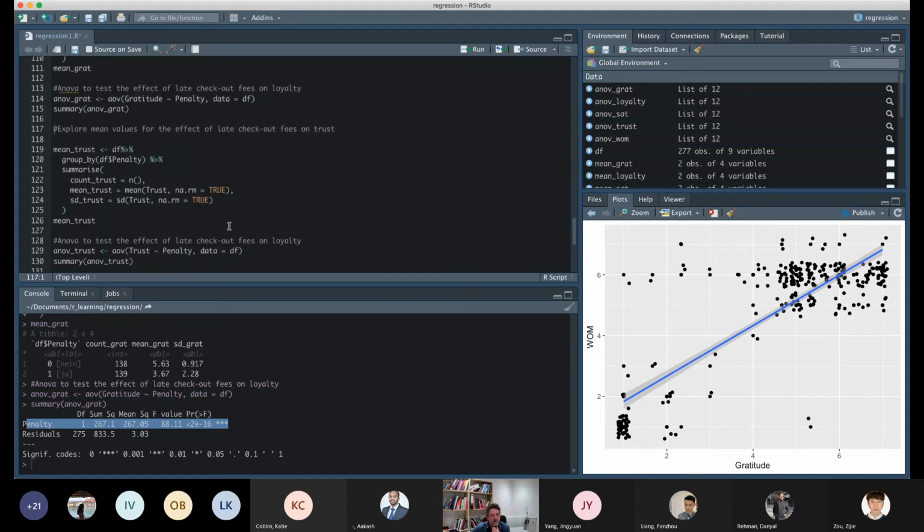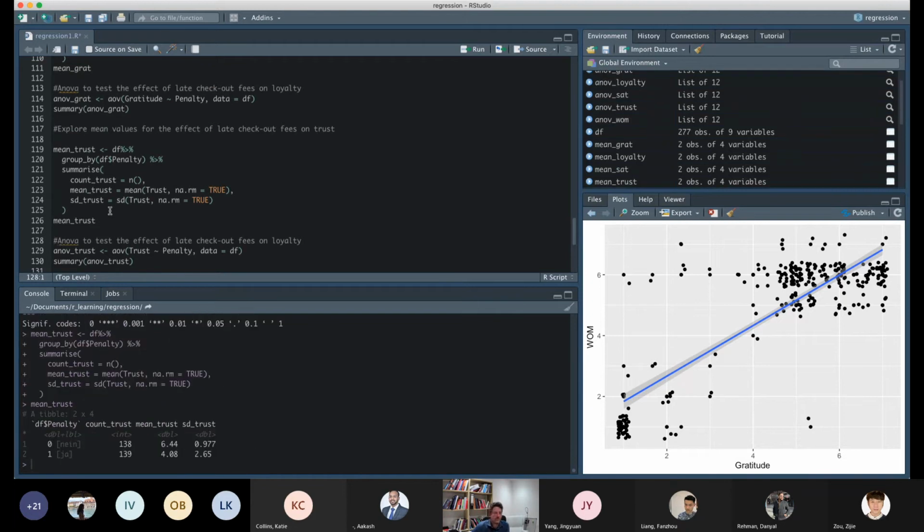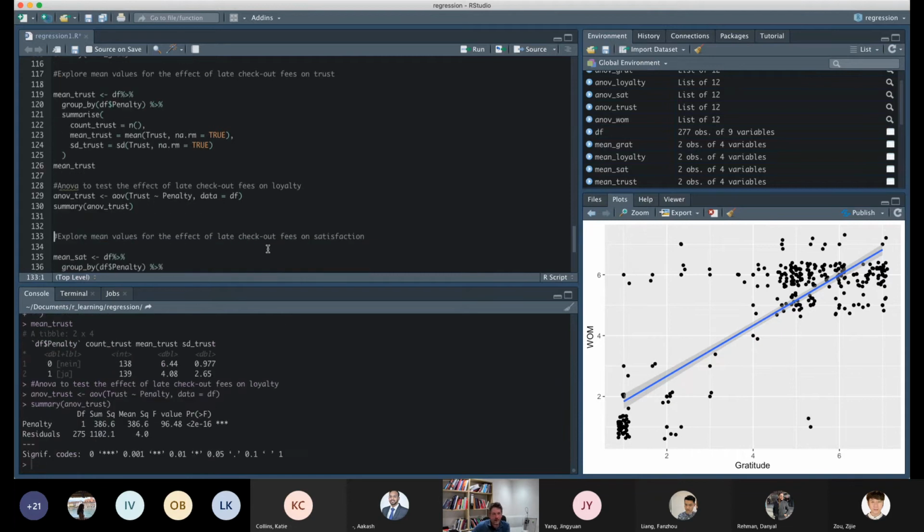And then trust. Similar pattern. Trust significantly decreases from 6.44 to only 4.08. And here is the confirmation that this is a significant drop.